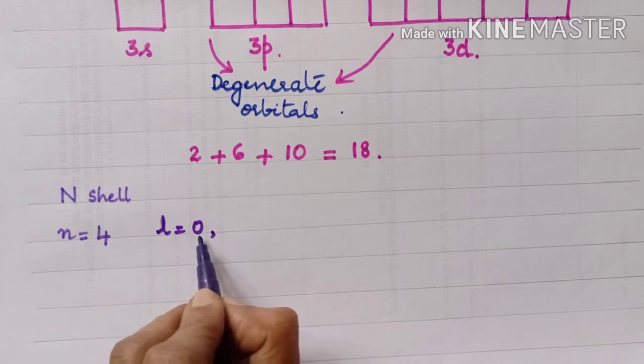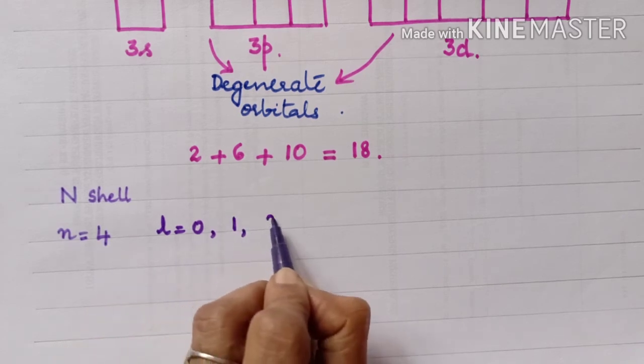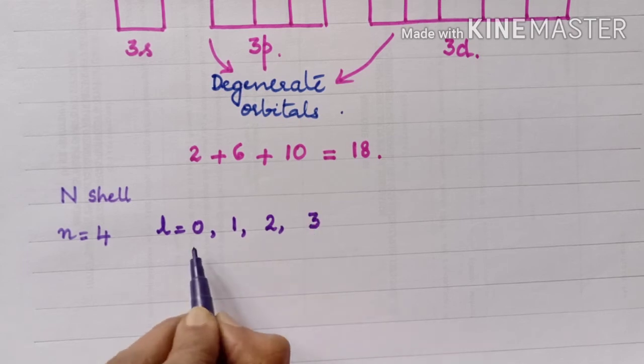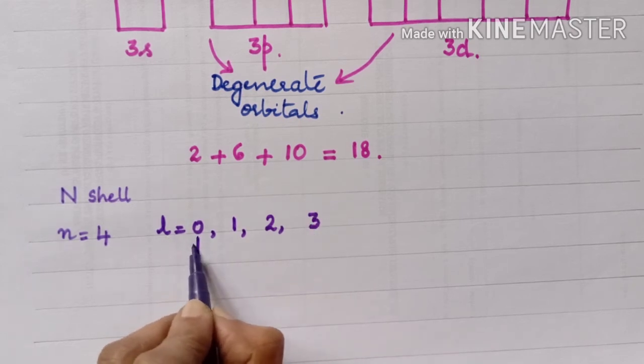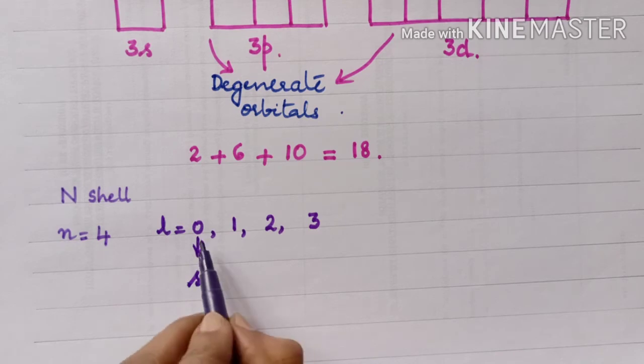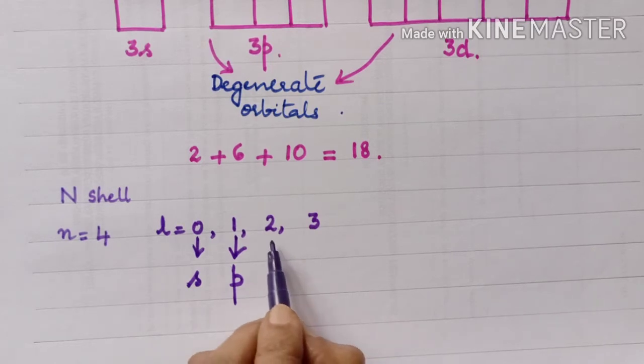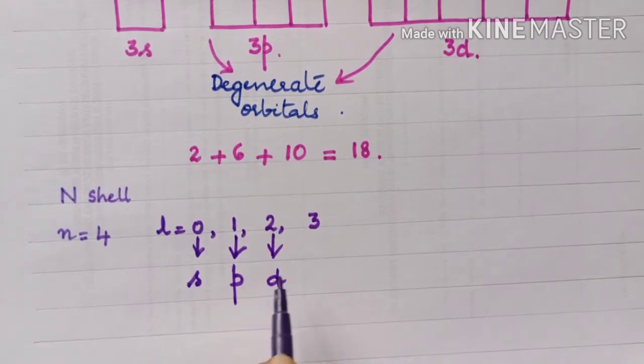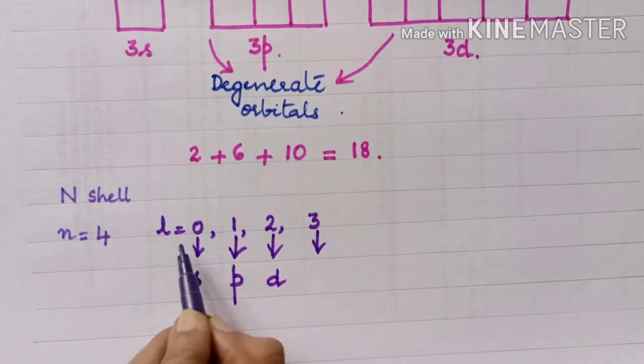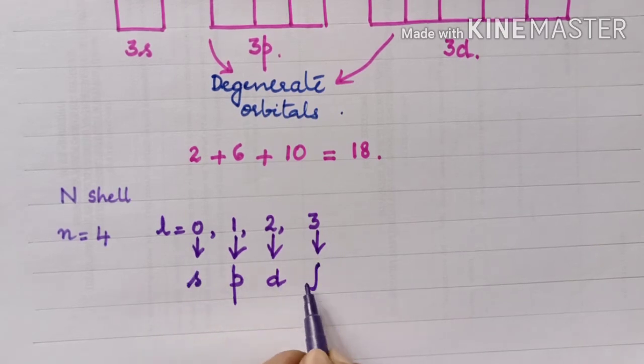So it can have 0, 1, 2 and 3. What does L value 0 denote? It is an s orbital. What does L value 1 denote? It is a p orbital. L value equal to 2 denotes it is a d orbital, and L value equal to 3 denotes it is an f orbital.